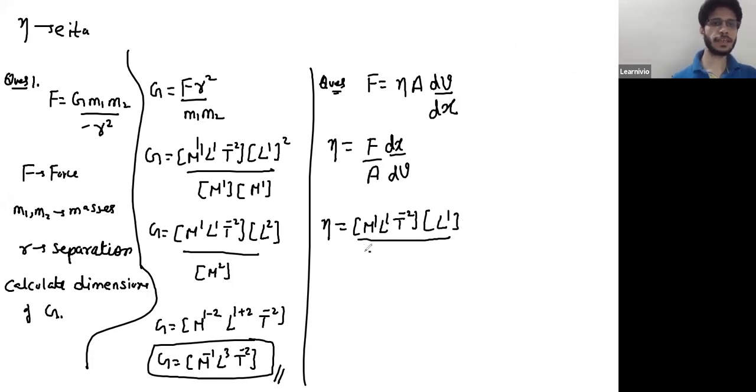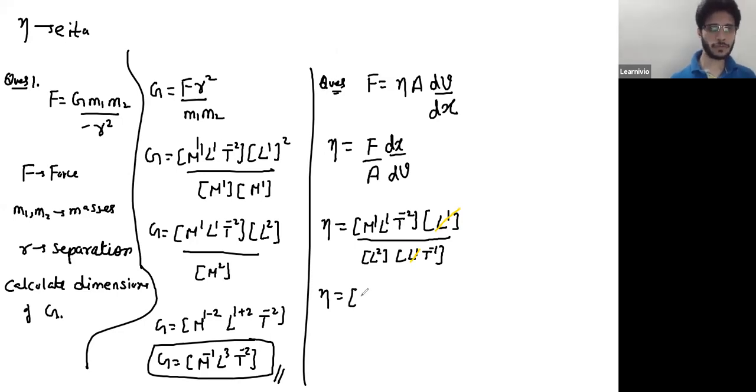A is area, which is L square. dV is velocity, which is L1 T minus 1. So here this L1 will cancel this L1.